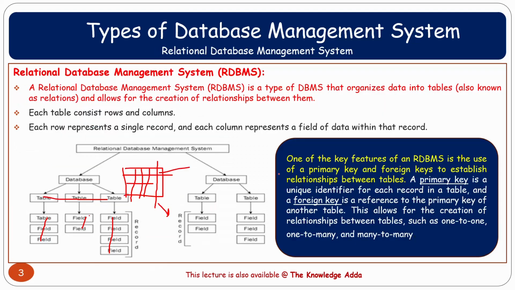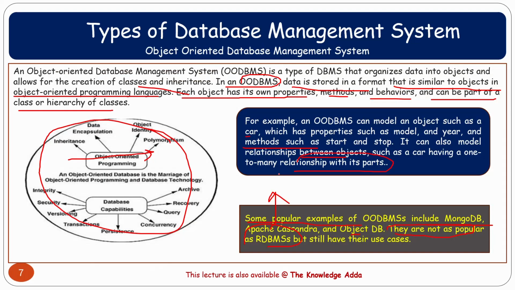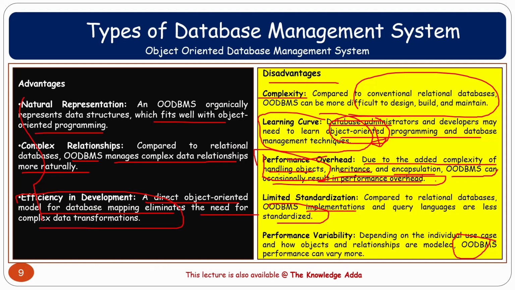So the first one was the relational database management system. This is a type of data management system that stores data in tabular format, and the table is divided into columns and rows. Each row represents one record and columns represent attributes. This type of system has a primary key and foreign key used to create relationships between tables. Now talking about the object-oriented database management system: in this type of database, data is stored in the form of objects and classes.